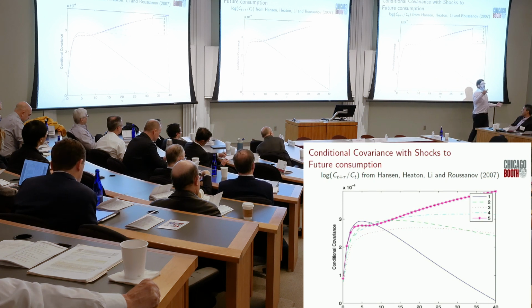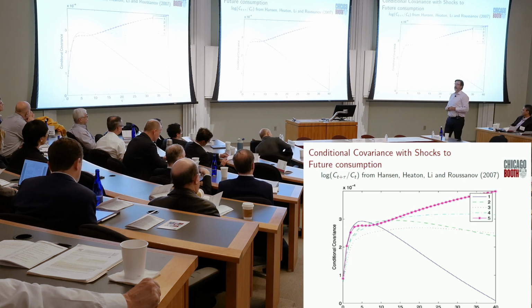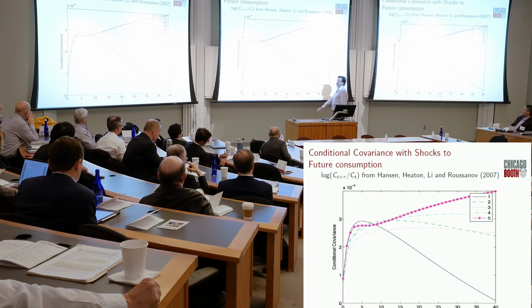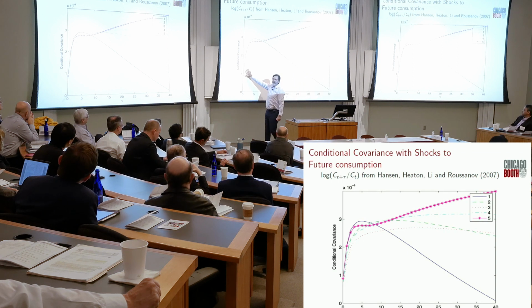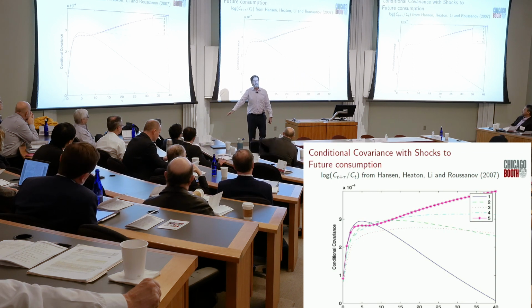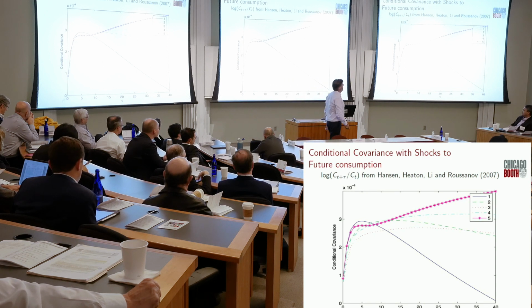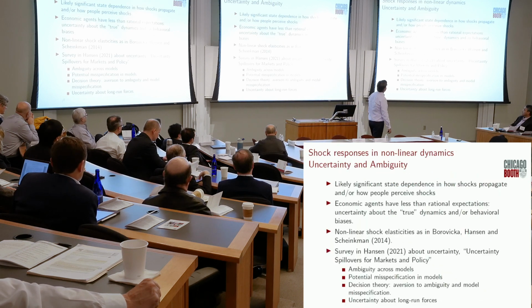So that would be some evidence that this lower frequency component matters. Literally the model has trouble right here, because there's no differential in the covariances, but there's some idea that lower frequency components are more important.